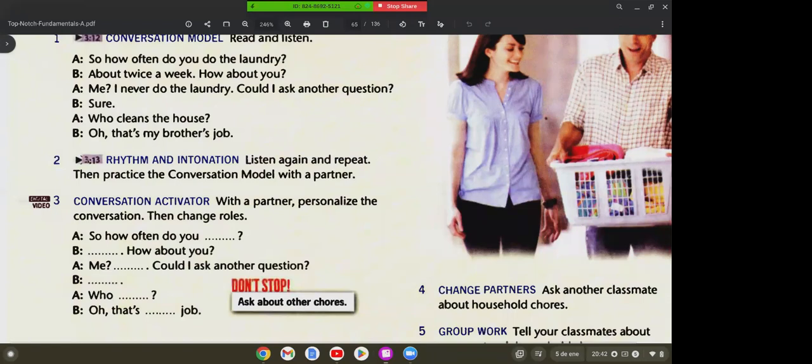So how often do you wash the car? I wash the car once a month. How about you? Me, I never wash the car.